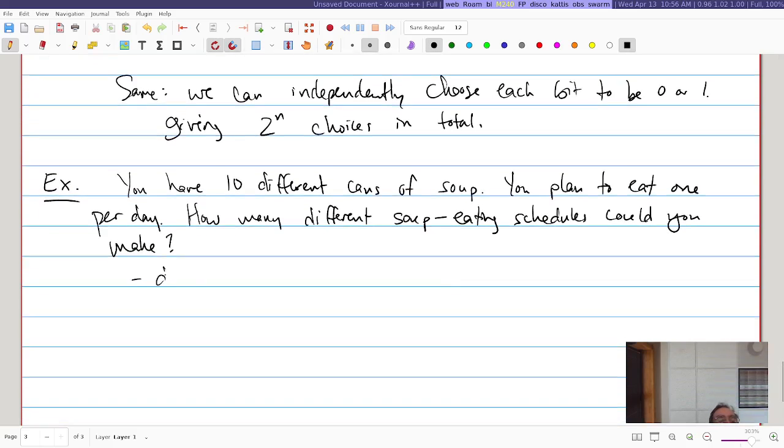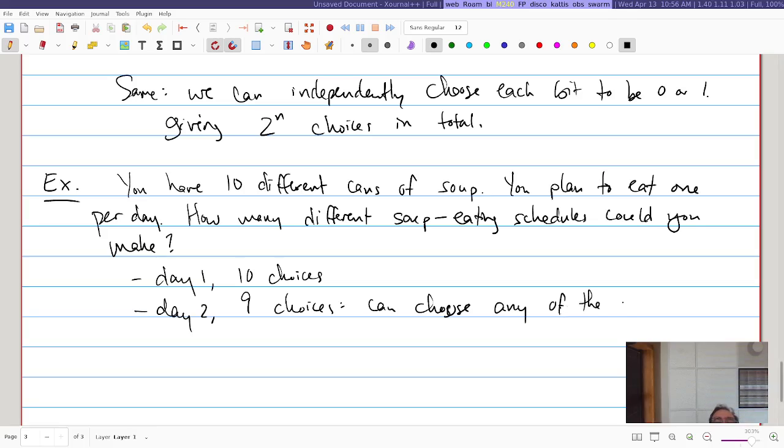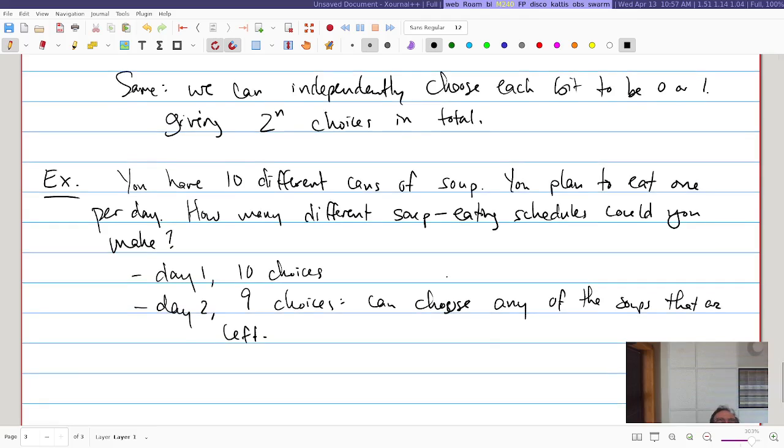So on day 1, we have 10 choices. On day 2, we have 9 choices. We can choose any of the soups that are left. And so on.